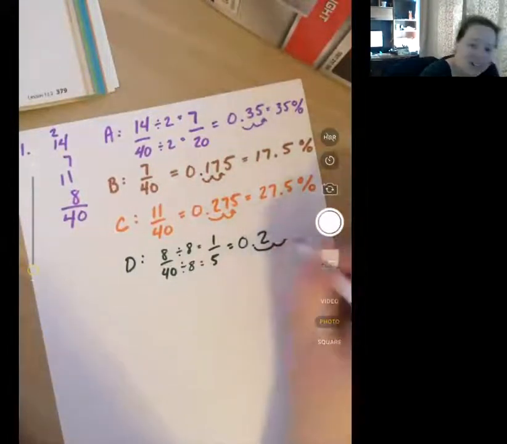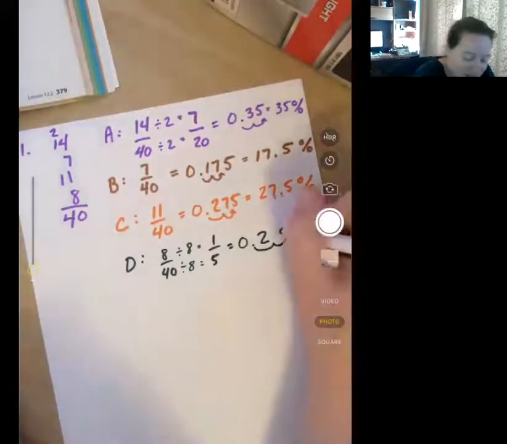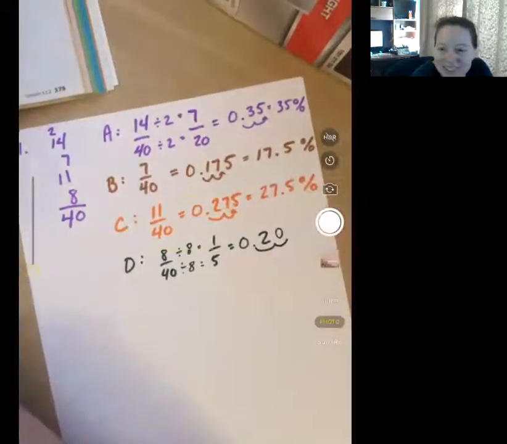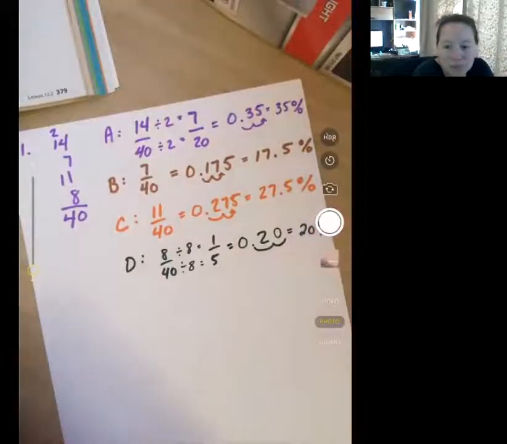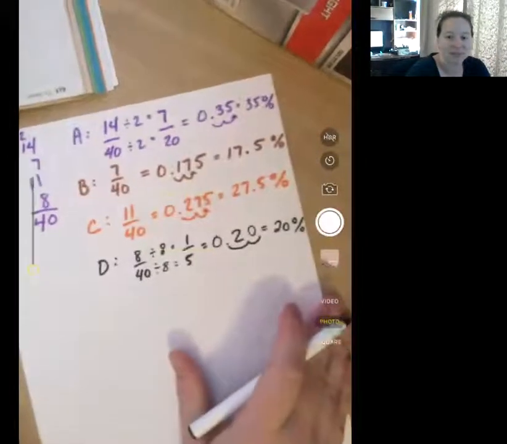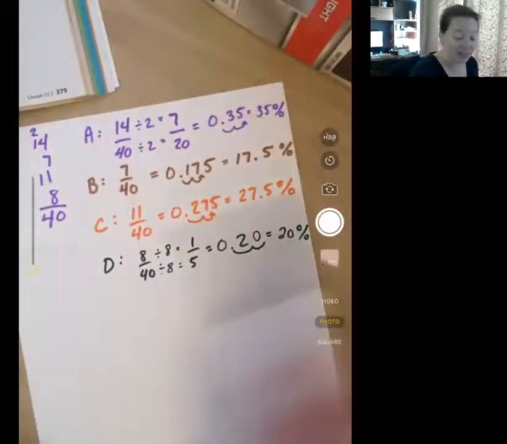You ignore the fact that you only have 1 number and you add in an extra 0. Remember that? We've done that a while. So that equals out to 20%.